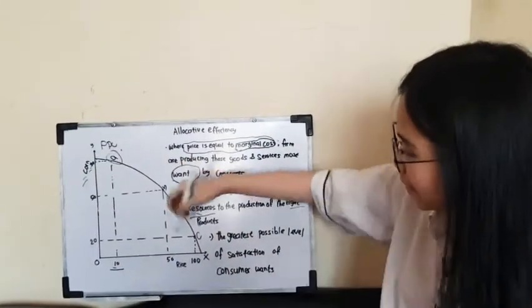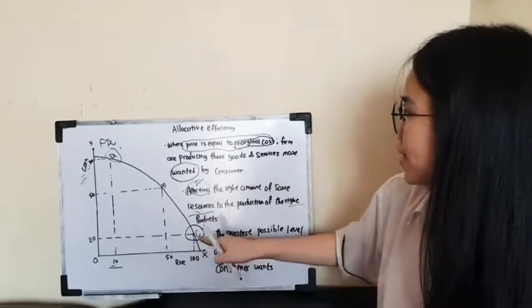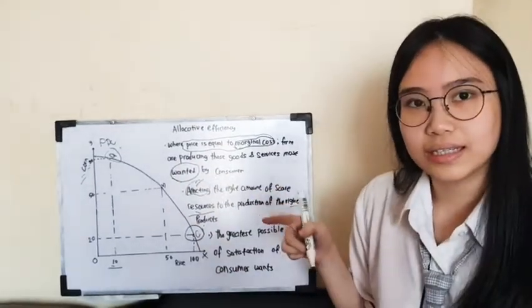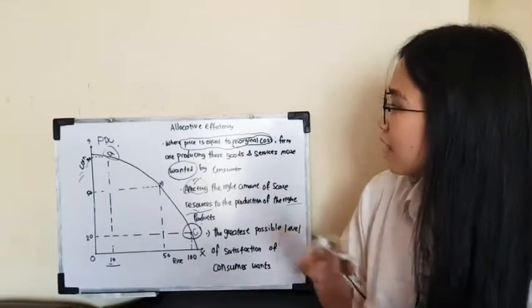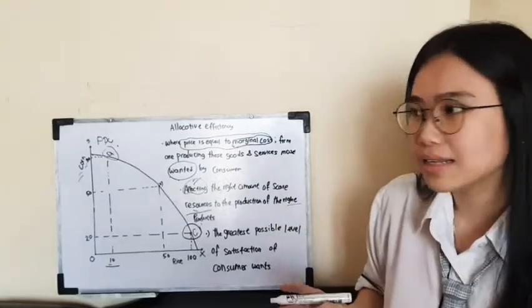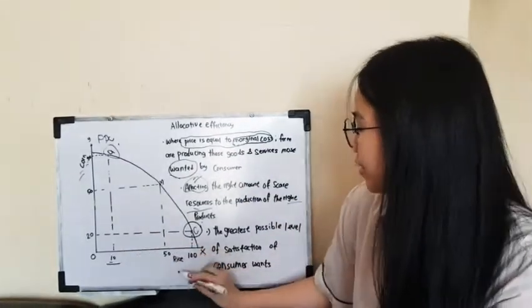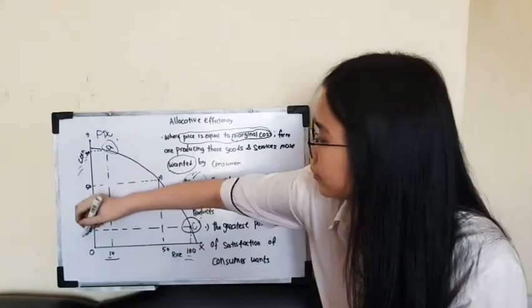Next, what happens if it is at point C? Is point C allocative efficiency? The answer is also no. Why? Because the allocation of the resources is not balanced, because they put too many resources into rice compared to corn.